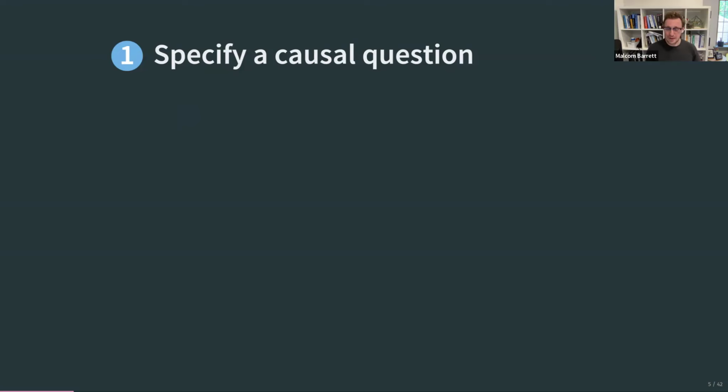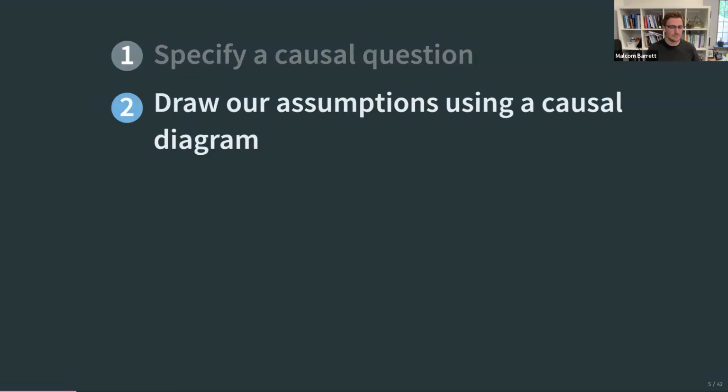Of course, people have no trouble specifying research questions. There's lots of scientific papers out there, but specifying a good research question in general is very challenging. And then specifying a good causal question also comes with its own nuances in terms of trying to be clear about what it is that you're trying to do, what it is that you're trying to answer.